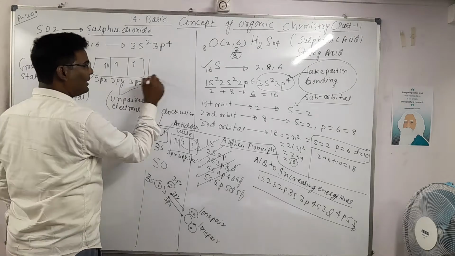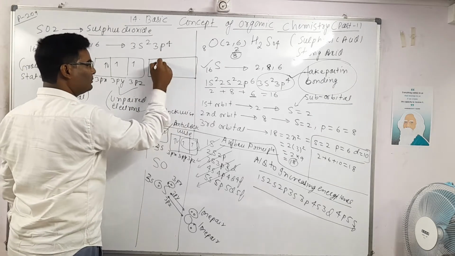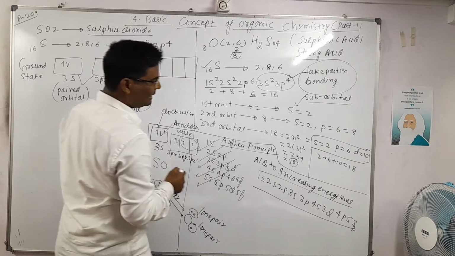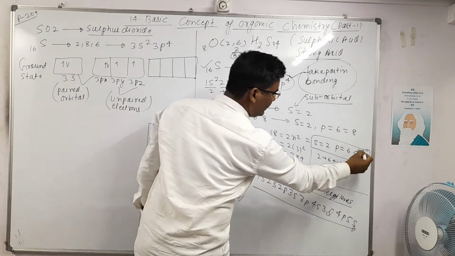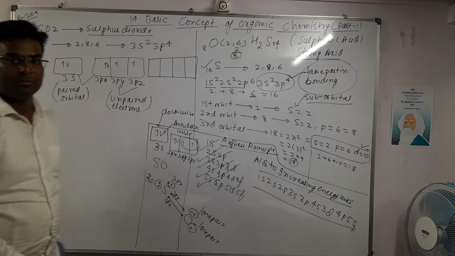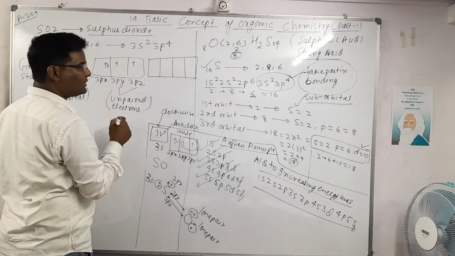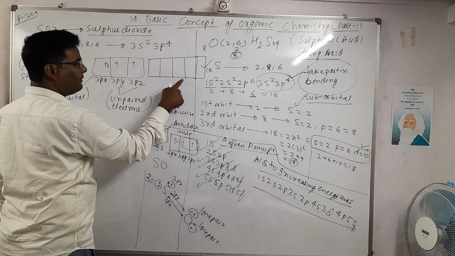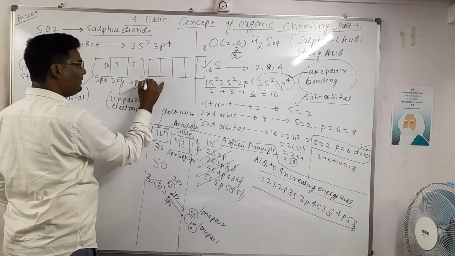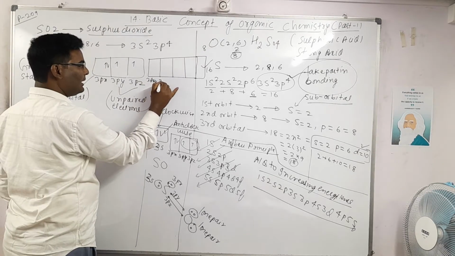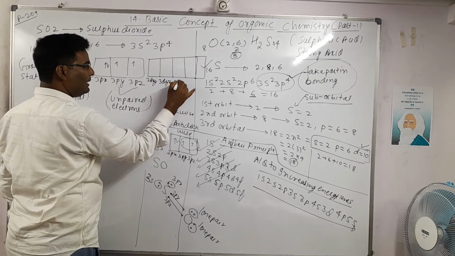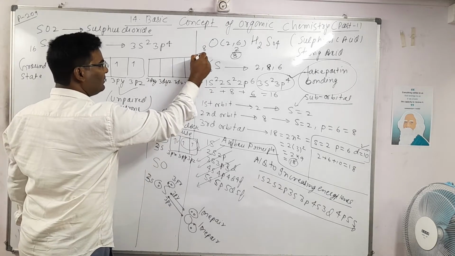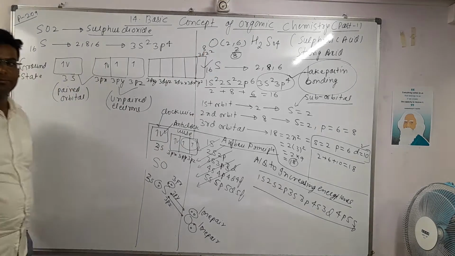So it can expand. The d orbital has a maximum capacity of 10 electrons, so 10 by 2 is 5 orbitals. Their names will be 3dxy, 3dyz, 3dzx, 3dx2-y2, and 3dz2, right?